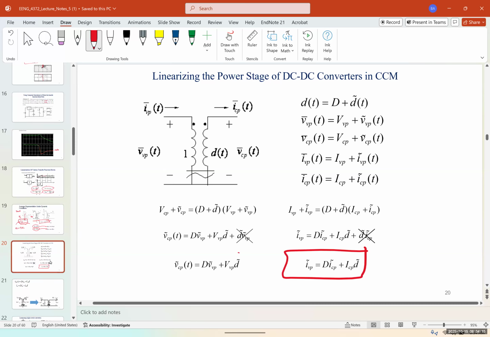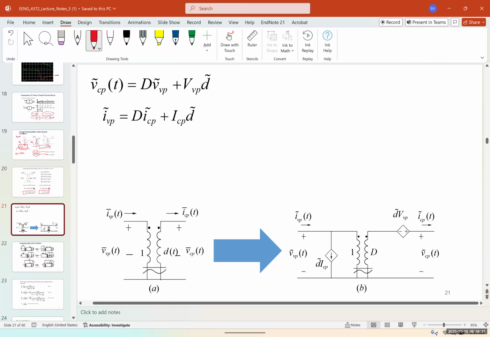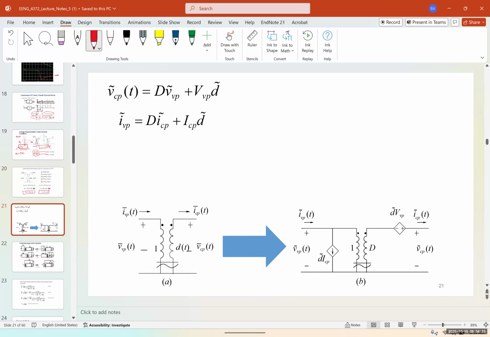I hat vp is going to be D I hat cp plus Icp d hat, and so on for v hat cp as well. So these two equations we got from the previous.